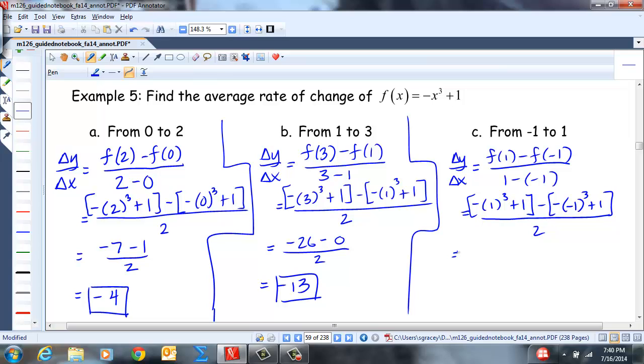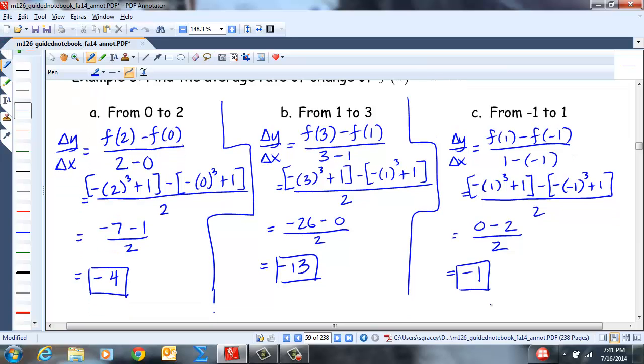So I think this first bracket will be 0, minus negative 1 cubed is negative 1. When you flip the sign on that, you get positive 1. So we'll have minus 2 over 2. So we'll get negative 1.